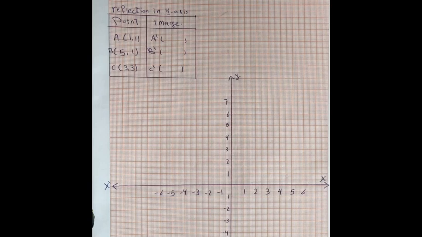Draw triangle ABC in which A is (1, 1), B is (5, 1), and C is (3, 3). Then find its image by reflection in the y-axis.